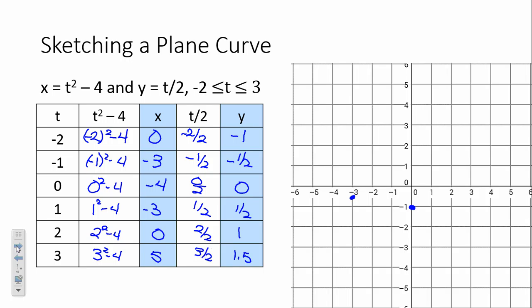When x is -4, y is 0. When x is -3, y is 1/2. When x is 0, y is 1. And when x is 5, y is 1.5.